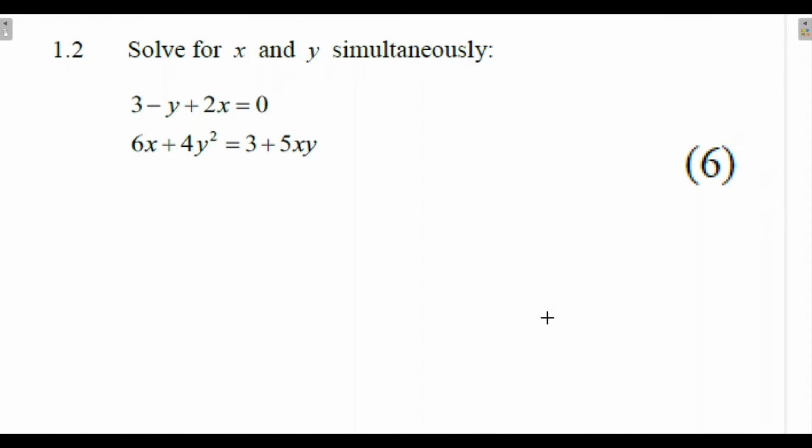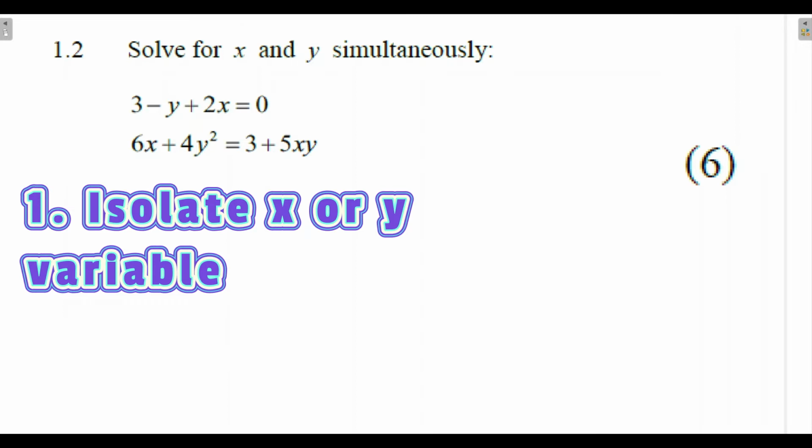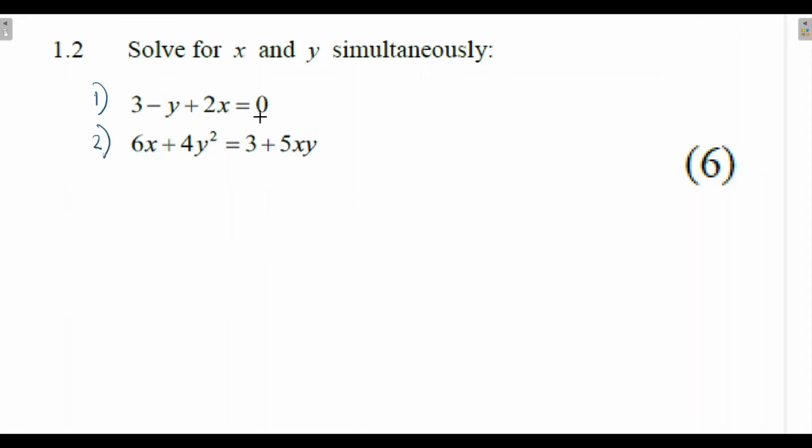The first thing you need to do when solving simultaneous equations using substitution is to isolate either the x or the y variable from either the first equation or the second equation. I'm going to choose to isolate the y variable from the first equation because it looks easier.